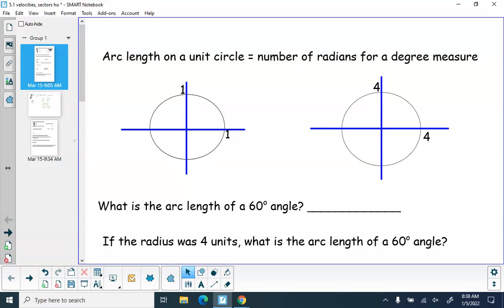Arc length and radians are synonymous with each other. So when you're talking about the arc length, you're talking about the radians.